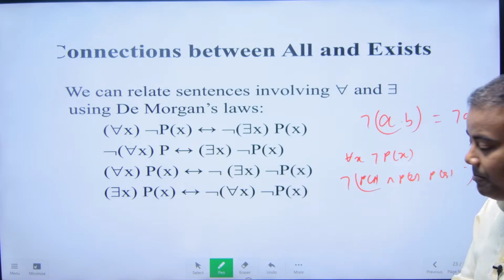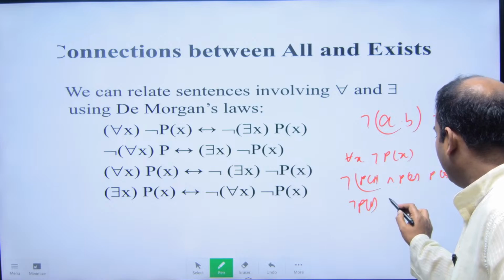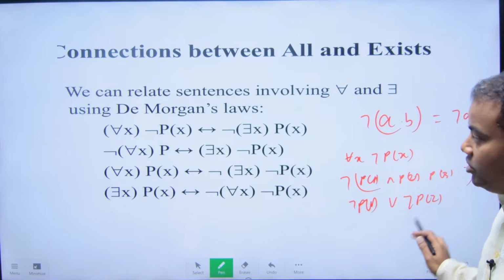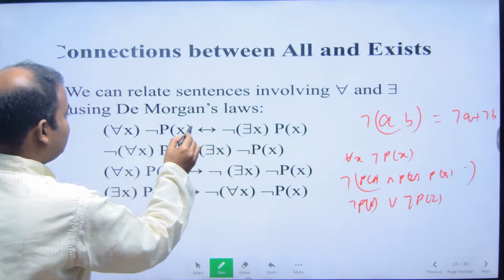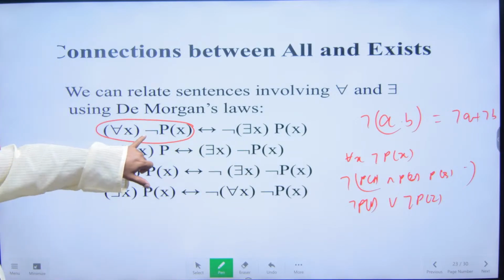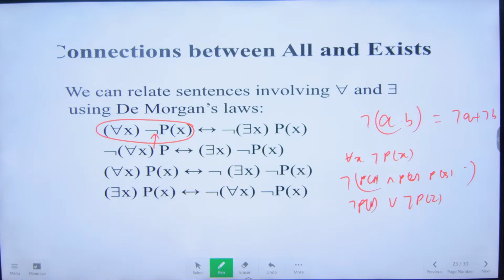So what will happen? Not P1 or not P2 or not P3, like this it will happen. So for all will be converted into there exists, and look at this sign, the not will now be here. Is it clear? Similarly for here also. So these four inferences are clear?